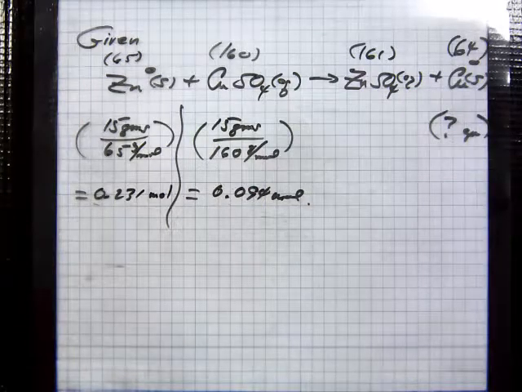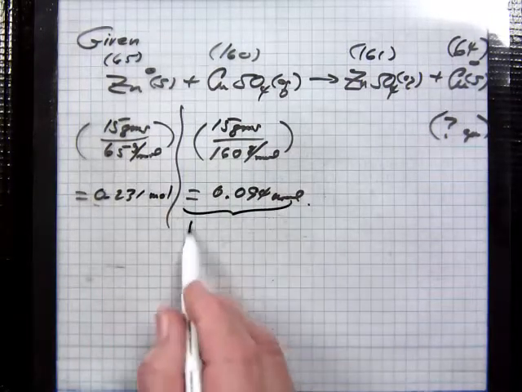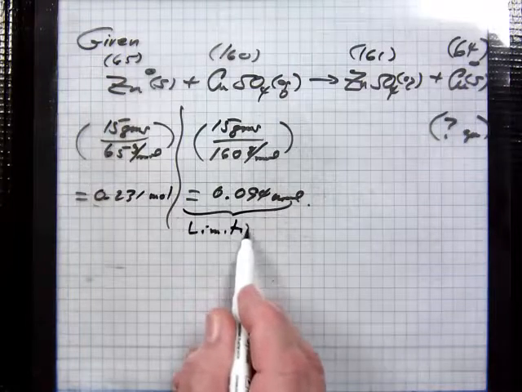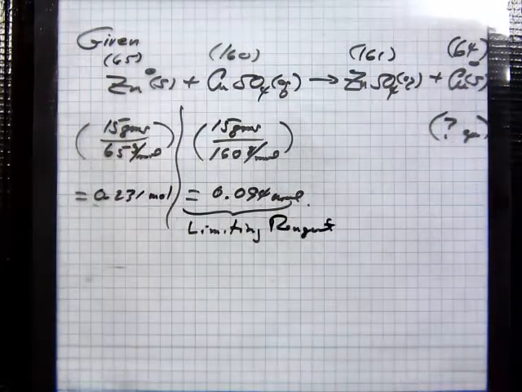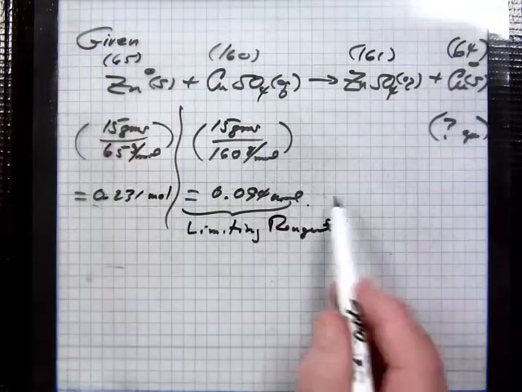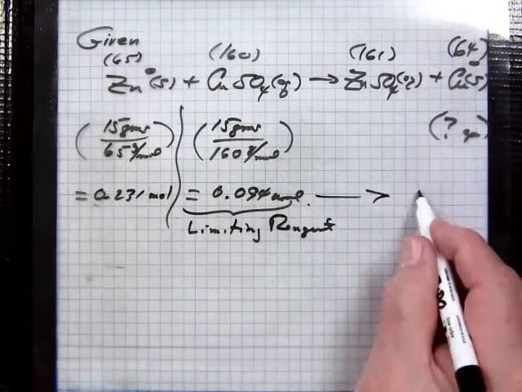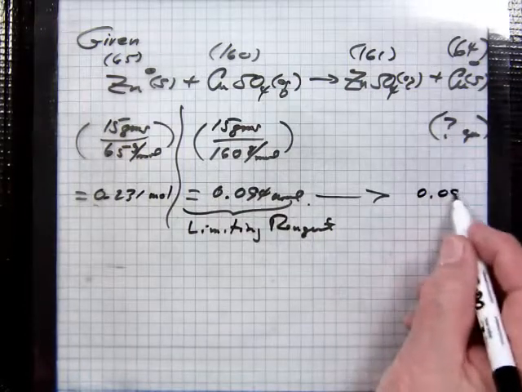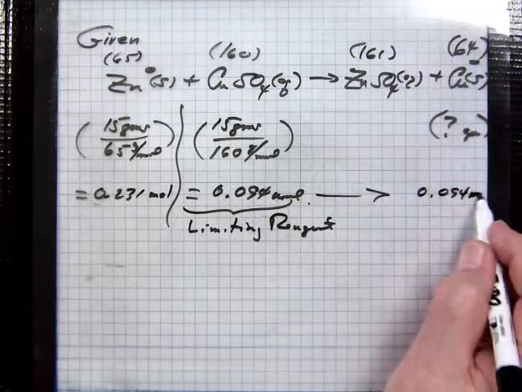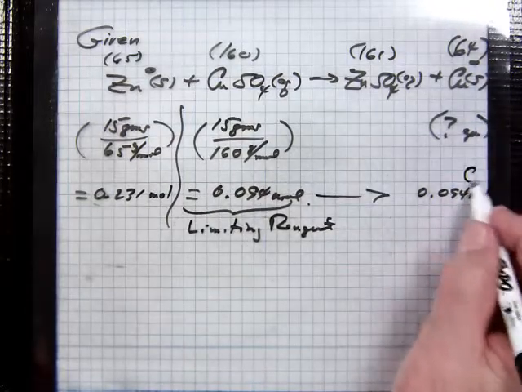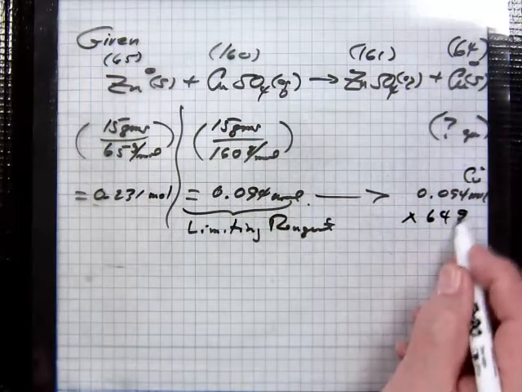Of course, the smaller mole value is the limiting reagent. Now the question is, how much copper is going to be produced? It's still a 1-to-1, so we're going to get 0.094 mole of copper produced times 64 grams per mole.